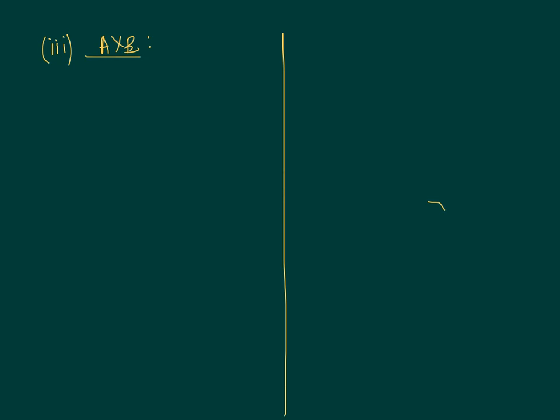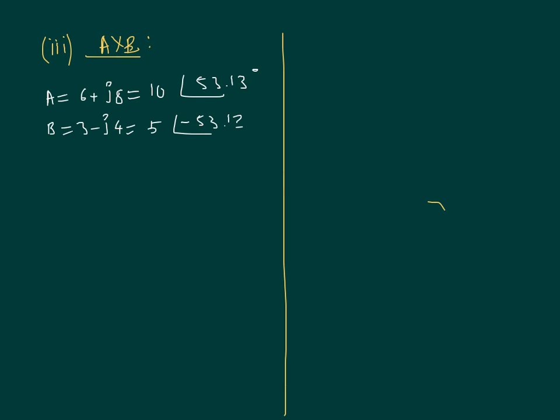So a equals 6 plus j8, and it can be represented directly, I am writing, 10 at an angle 53.13 degrees, and b equals 3 minus j4. It can be directly written as 5 at an angle minus 53.13 degrees.